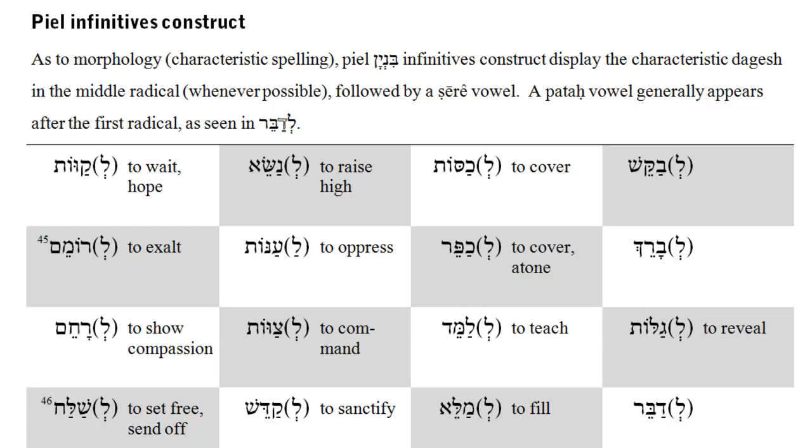Typically, tsere follows that second consonant, and before it, following the first consonant, typically we will find a patach vowel. All these elements are seen in the sample form ledaber: patach after the first radical dalet, dagesh in the second, beit, followed by a tsere.